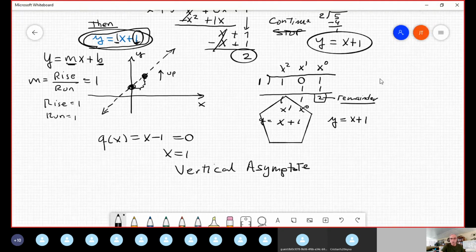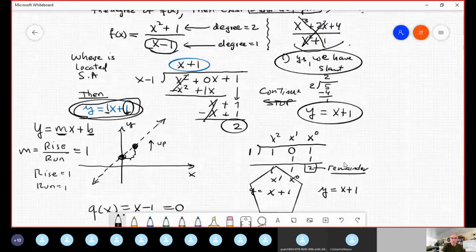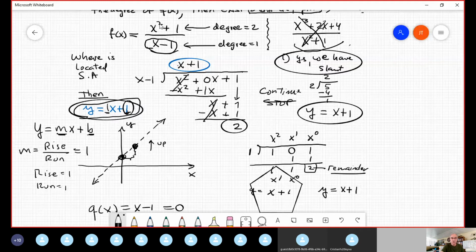So the conclusion of this example is, well, we have one rational expression, degree 2 in the top, degree 1 in the bottom. You analyze the degree, you decide, yes, we have a slant asymptote, because the degree of the top is greater than the degree of the bottom.